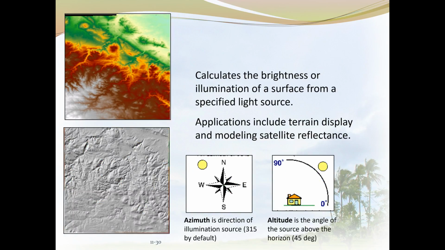So azimuth is this, and the altitude is the angle of the source above the horizon. This is the direction of the illumination source, 315 degrees by default right here.